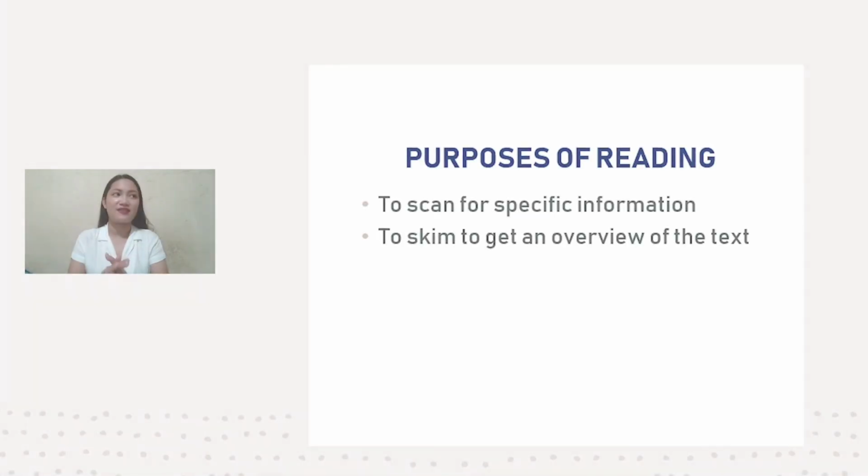Say for instance, I wanted to know what the first lesson in the English book is all about. So I would skim or read lesson 1 rapidly, and afterwards, I will be able to know that lesson 1 is about noun. That is the difference between scanning and skimming.